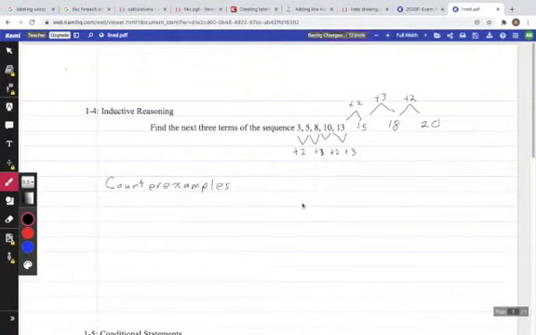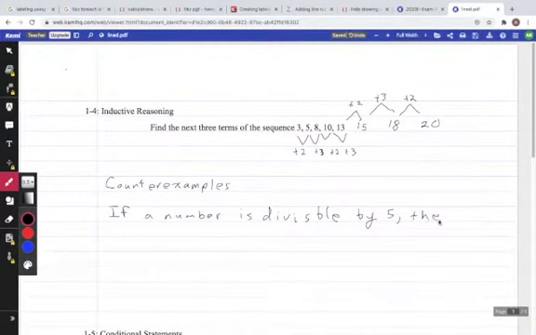And the big thing to remember with counterexamples is we have a statement like: if a number is divisible by, let's say, 5, then it is divisible by, let's say, 15.